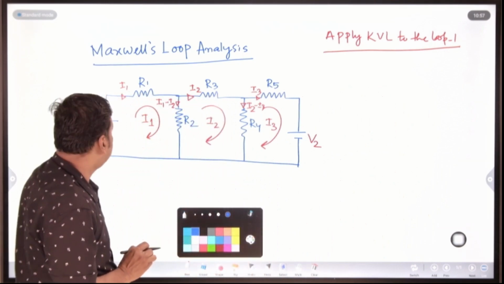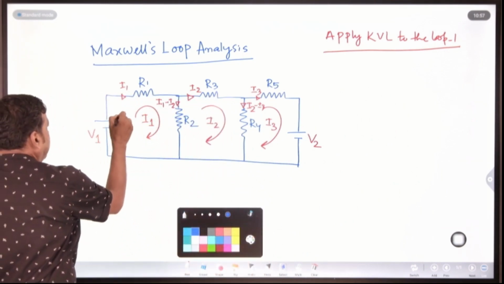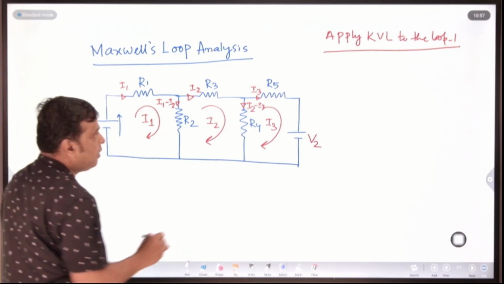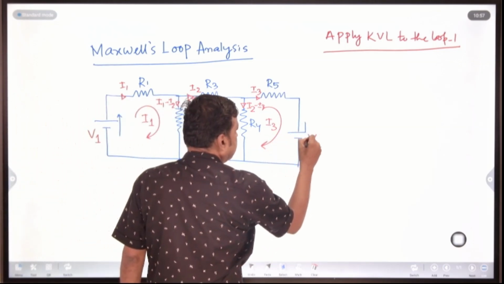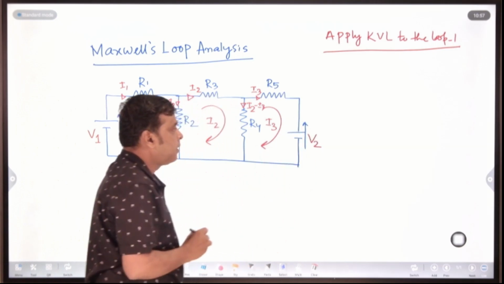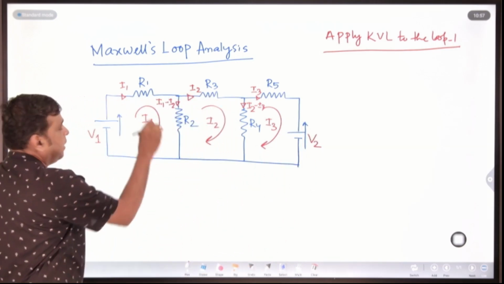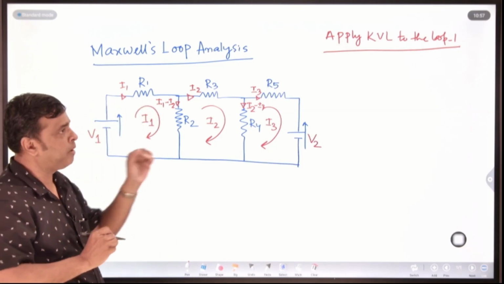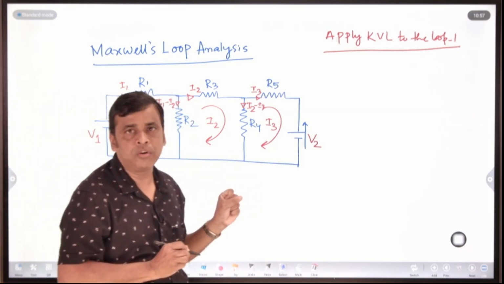Already I told you, the direction of a voltage source from minus to plus is plus here. Okay. Then in the sign convention, if you move from plus to minus, we will consider minus.